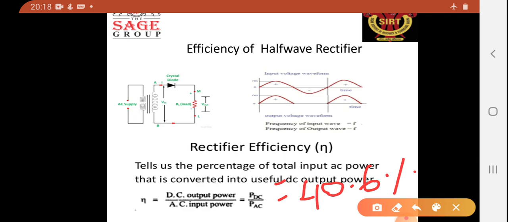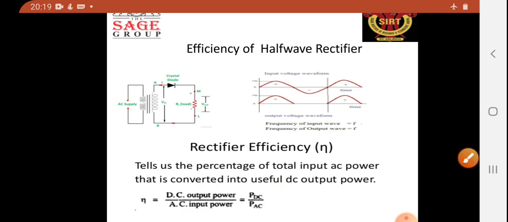It means approximately 60% of the AC power is wasted, because that power is not received at the output. So this is the main drawback of the half wave rectifier. In the next lecture we will calculate how to derive the efficiency of the half wave rectifier.